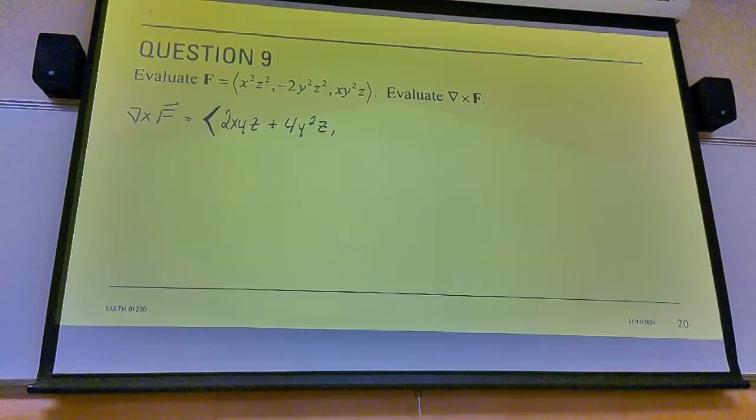What's the next component? 2x squared z minus y squared z. How'd you get it? It's the partial of the first term with respect to z minus the partial of the third term with respect to x.